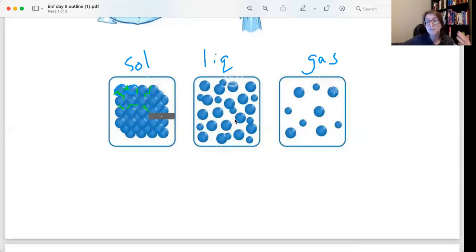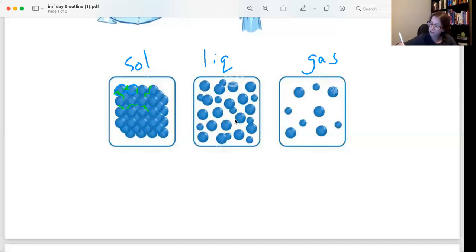If we add enough heat, we get those molecules to move a little bit more, and eventually they're going to be able to overcome some of that IMF, some of those hydrogen bonds in this case that are holding them together. If you think of it as the intermolecular force, that force being overcome, being weakened, boom, then we can have those molecules spread apart once they overcome that force.